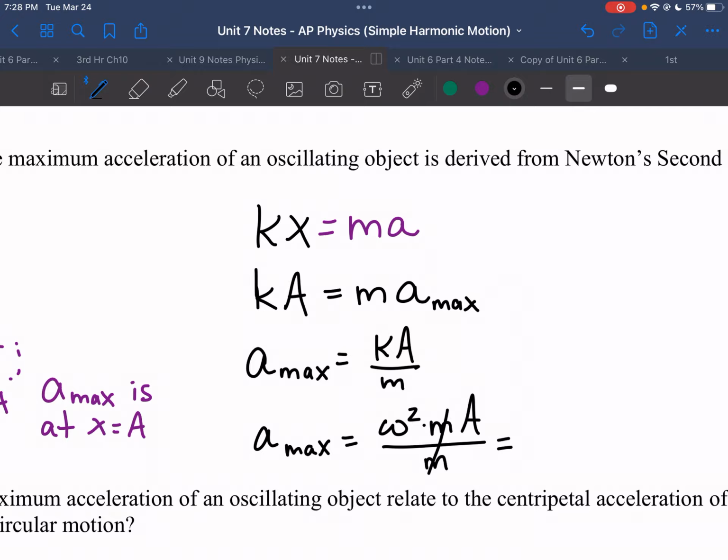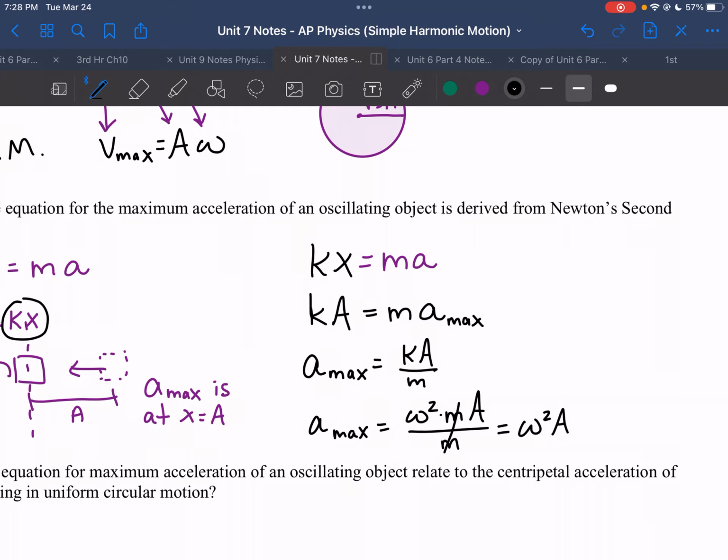Those end up canceling, which tells me that the max acceleration is omega squared times the amplitude. So the equations that we can use here is that the max acceleration is equal to omega squared times the amplitude.